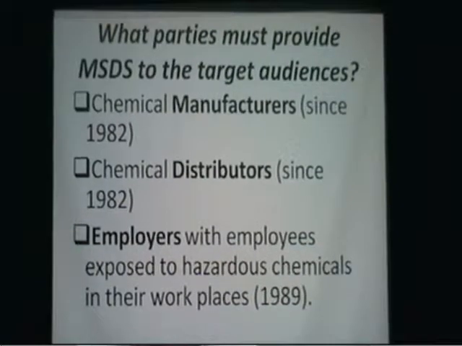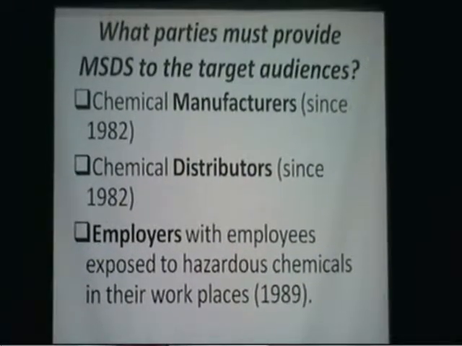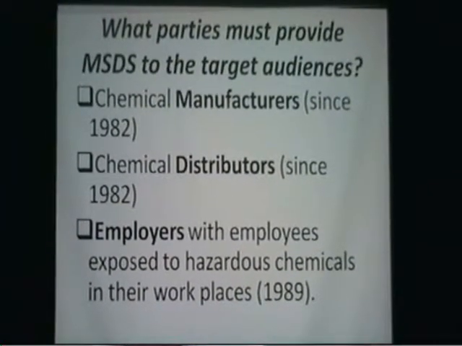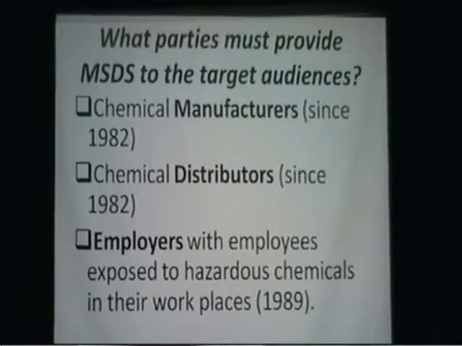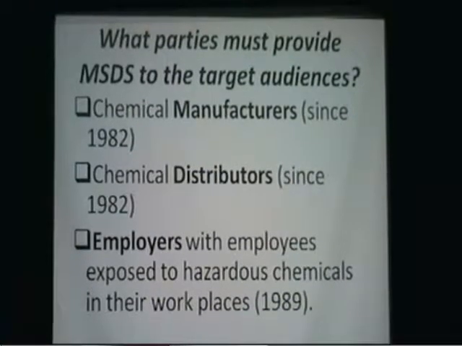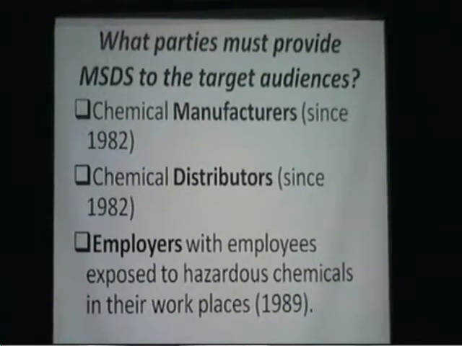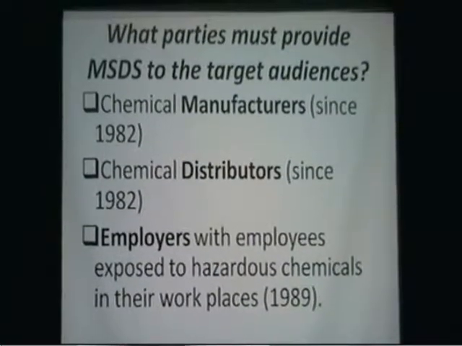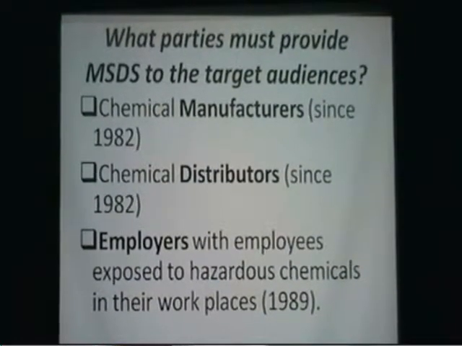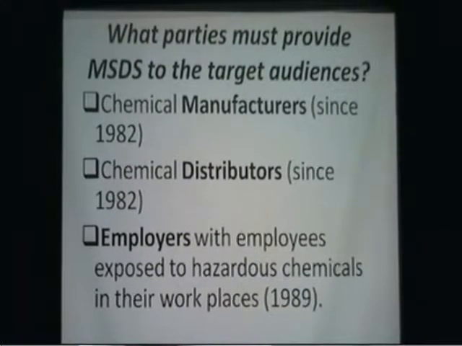Now, MSDS sheets are an obligation provided by OSHA to chemical manufacturers, facilities that distribute chemicals for those manufacturers, and any employer who's going to provide his employees an environment that has those chemicals present.